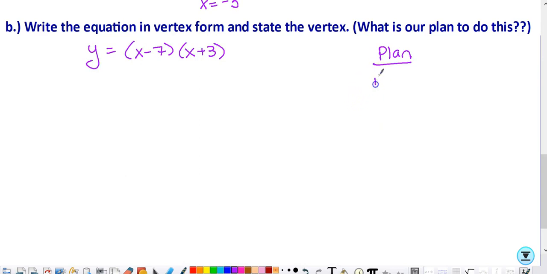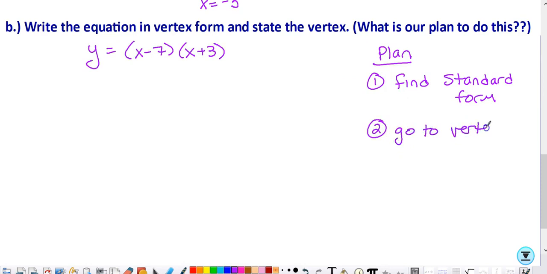Hopefully you thought that the plan would be step 1, find standard form. We're going to multiply our binomials together, and then step 2 is go to vertex form.